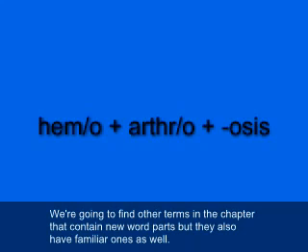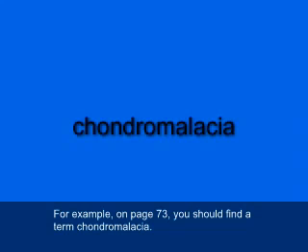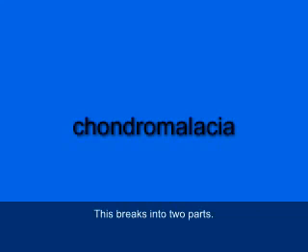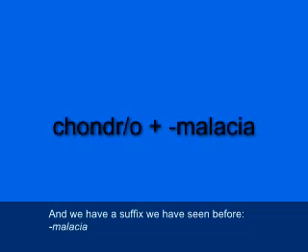You're going to find other terms in the chapter that contain new word parts, but they also have familiar ones as well. For example, on page 73, you should find a term chondromalacia. This breaks into two parts. We have a new combining form, chondro, C-H-O-N-D-R-O, and we have a suffix we've seen before, malacia.